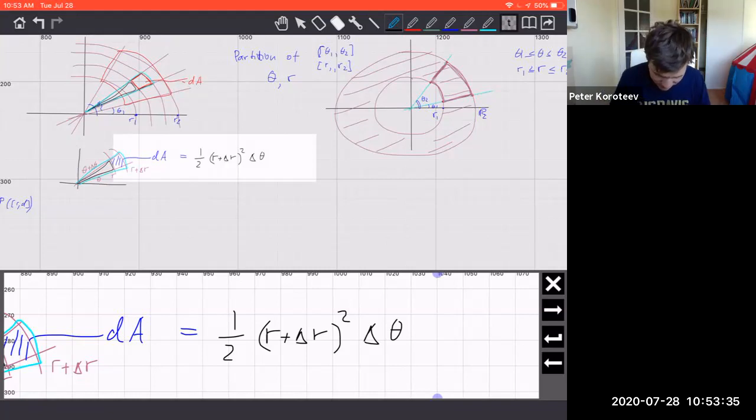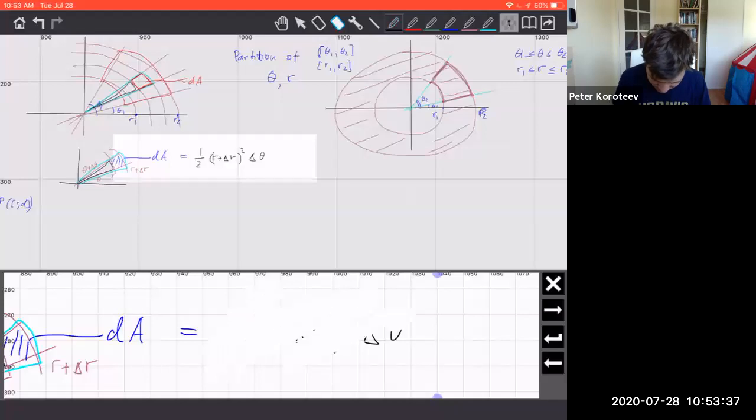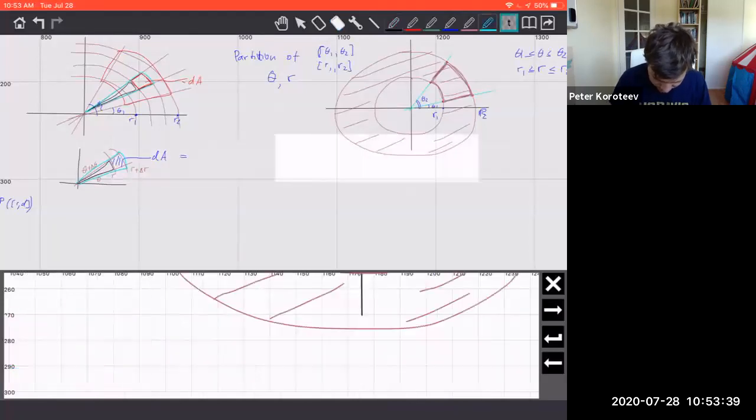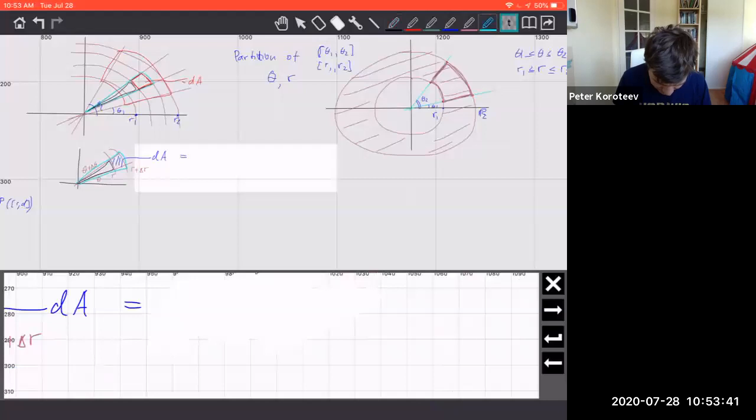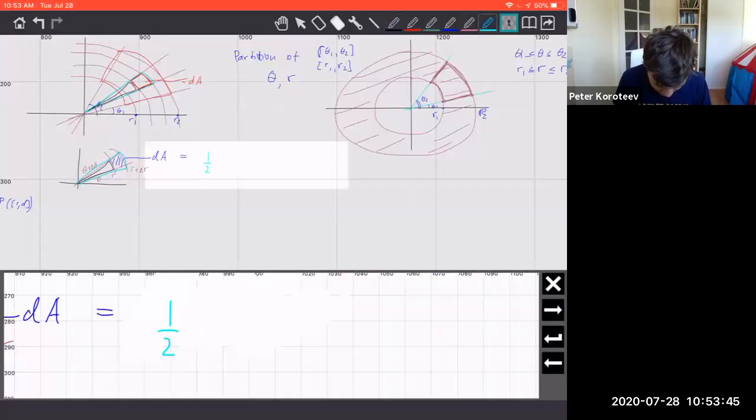Okay, maybe I should use the same color. Yeah, so it's 1/2 (r plus delta r) squared delta theta.